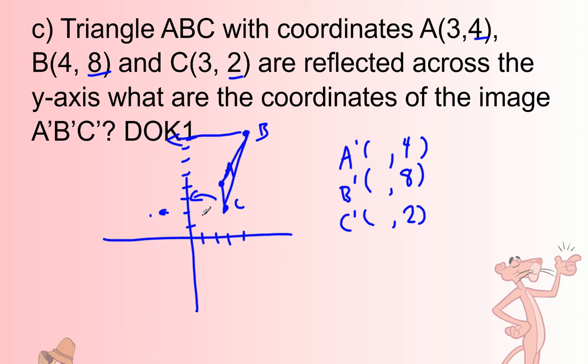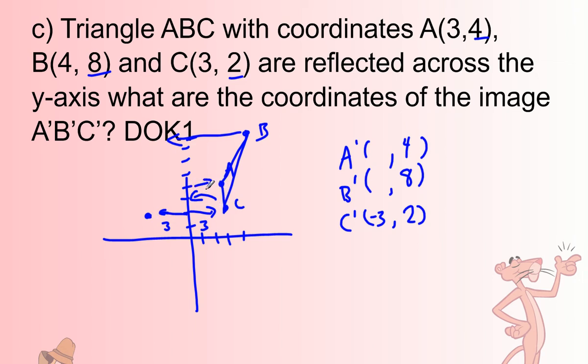And since I'm reflecting across the y-axis, C, this bottom guy here, he was at 3, 2. So he was 3 units this way. If I go 3 units that way, that puts me at -3, 2. And same with each of them.